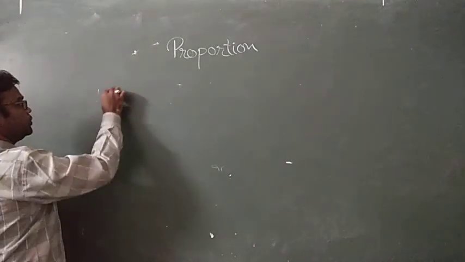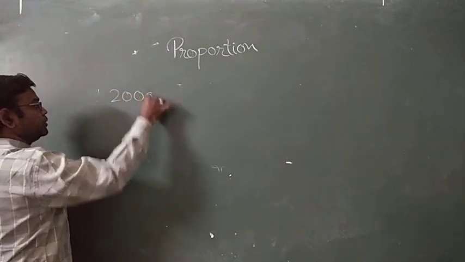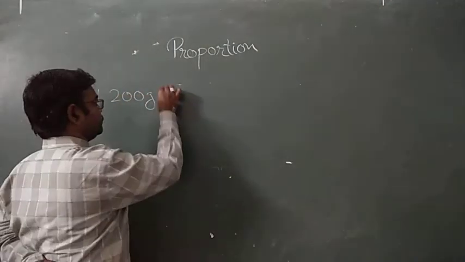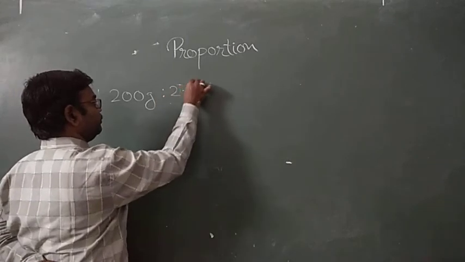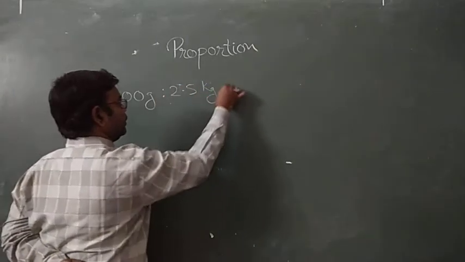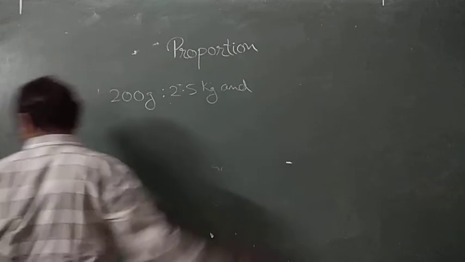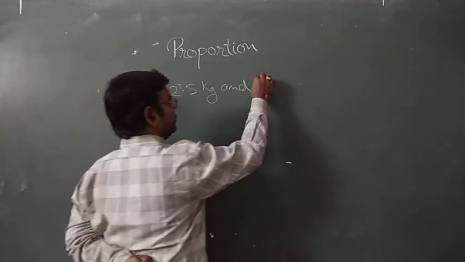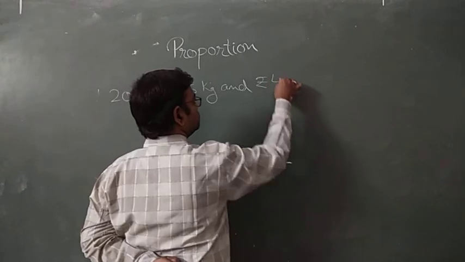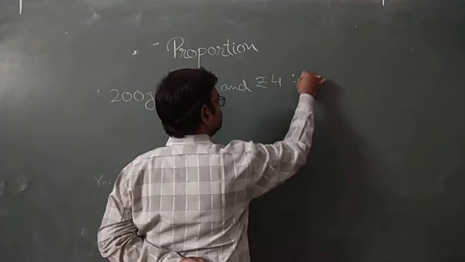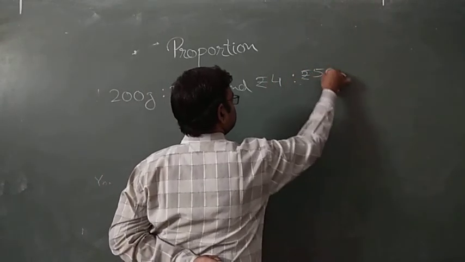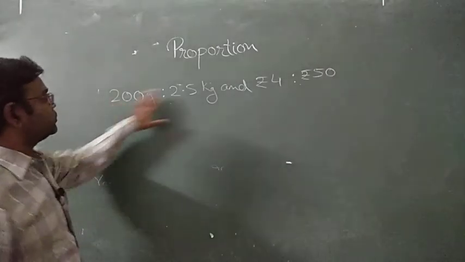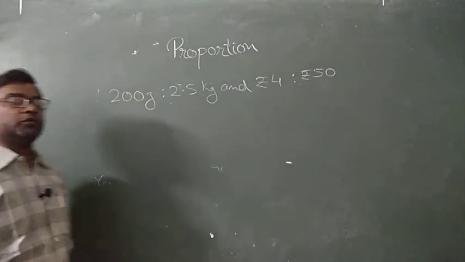Find out whether these two ratios are in proportion or not. This is the question: 2.5 kg, and the next one is ₹4 and ₹50. The question asked is whether these two ratios are in proportion or not.